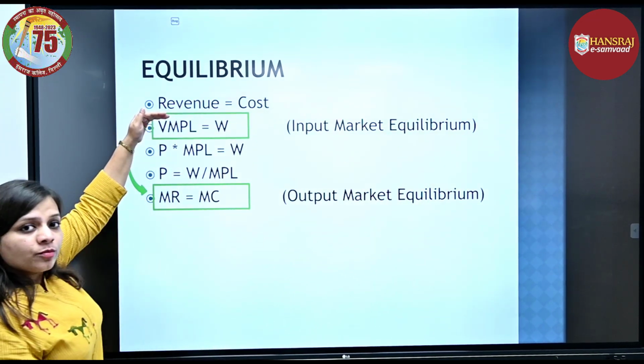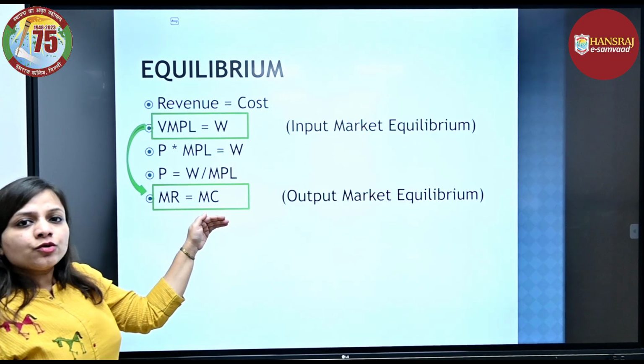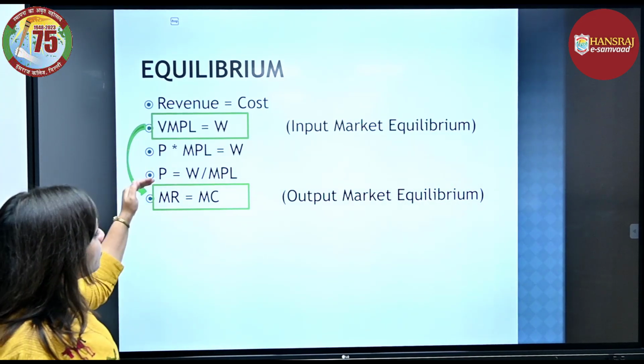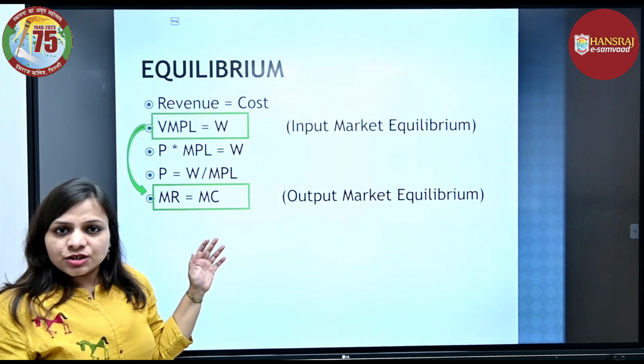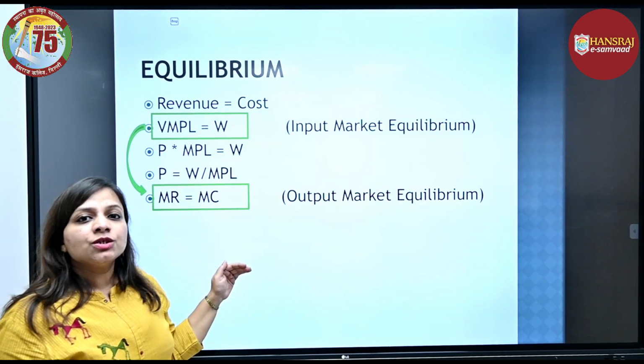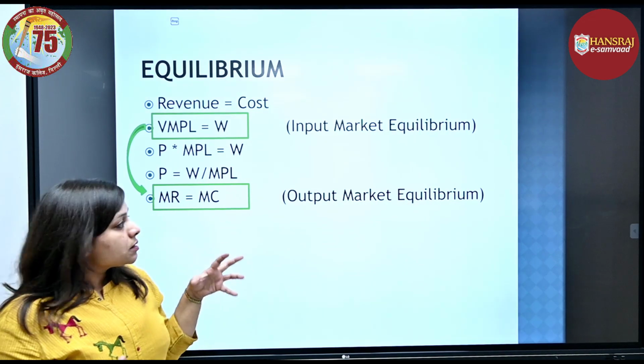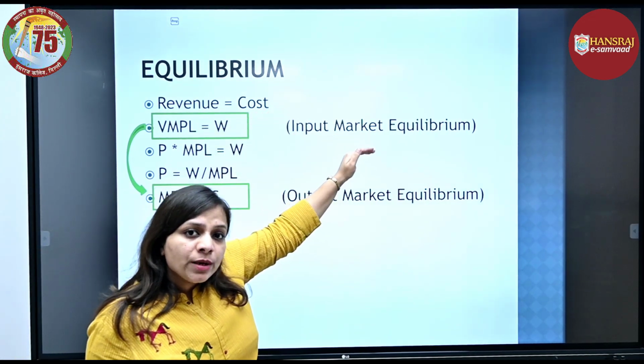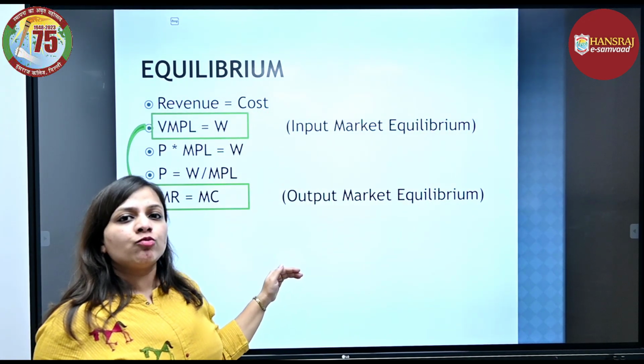So we started from the input market and moved on to the output market equilibrium just by using the definitions. So these two equilibria are mirror images of each other. This is the case when we started from the input market and moved on to the output market.